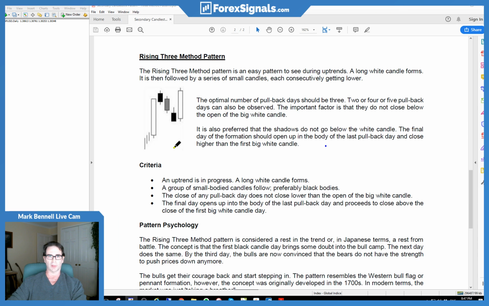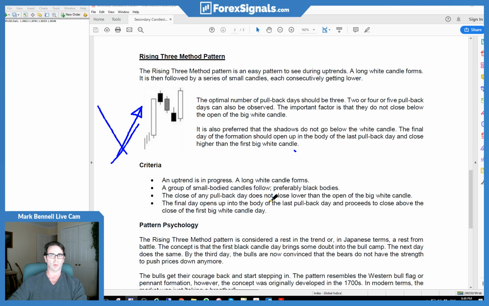So then we want the last candle to close higher than the first one, but I like it to close higher than the structure. Okay, so the criteria once again: an uptrend is in progress. Now, the uptrend could be just starting, very short term.